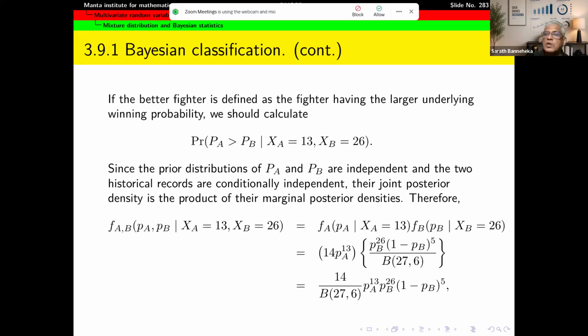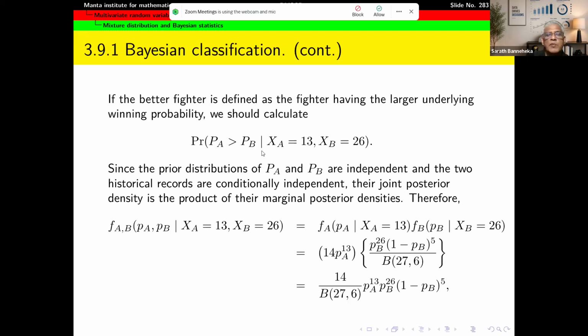And to answer the other part, which fighter is better in general, usually we look at the probability that one probability is greater than the other probability. Remember, these probabilities are now random variables. Therefore, it's meaningful to talk about the probability that, for example, PA is greater than PB.